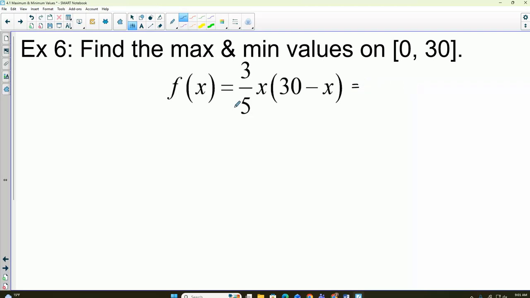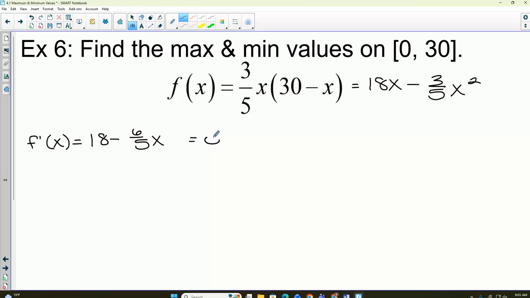So if I distribute 30 divided by 5 is 6, times 3 would be 18x. It's 3/5. So for our derivative, we get 18 minus 6/5 x. So for our critical points, we need to figure out when this is 0 or undefined. I said equal to 0.